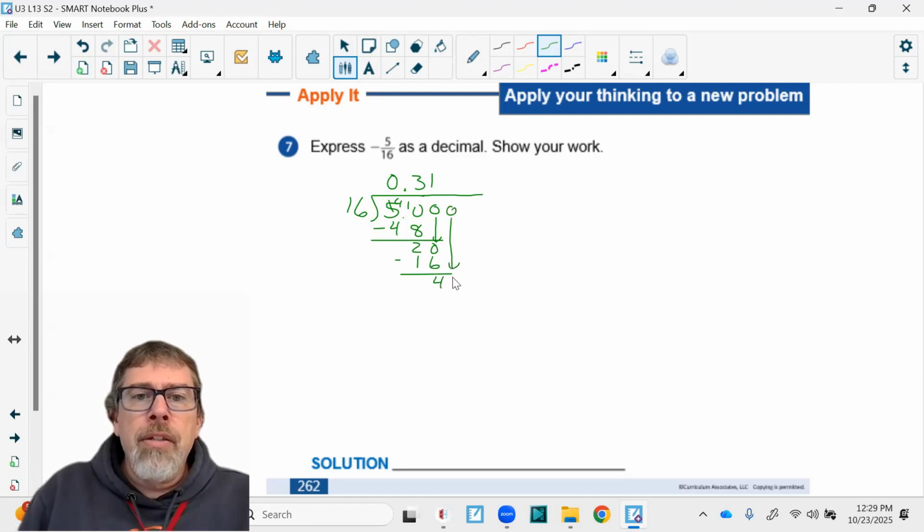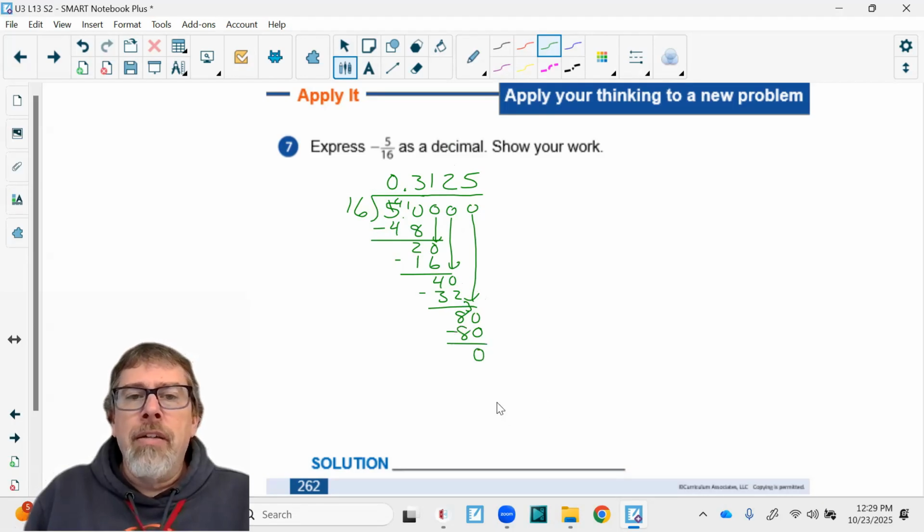Bring down the next 0, 40. 16 will go into 40 2 times, and that's 32. Subtract and get 8. Bring this down. We're at 80. And 16 times 5 will give me 80, because 5 times 6 is 30, and 5 times 1 is 5, plus that 3 is 8.